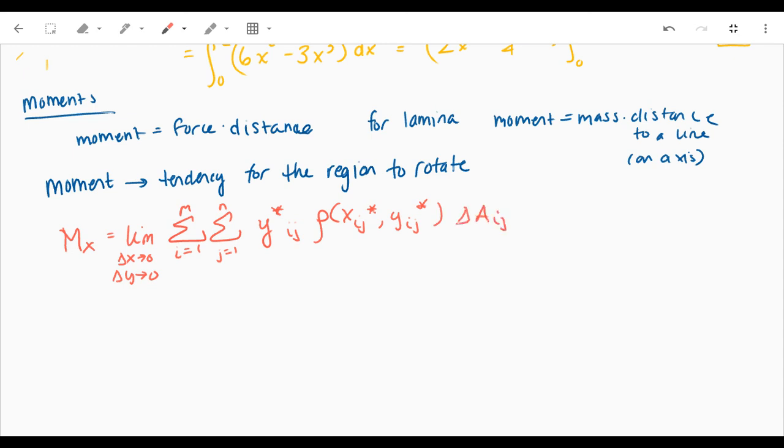Okay. In other words, the farther away it is from the x-axis, so the higher y is, and the more dense it is, the higher the moment's going to be. Okay. So really dense points that are far away from the x-axis increase our tendency to want to rotate around the x-axis. We want to get that spin going. Okay. And this is much easier to understand as just your double integral over D of y times rho of x,y.